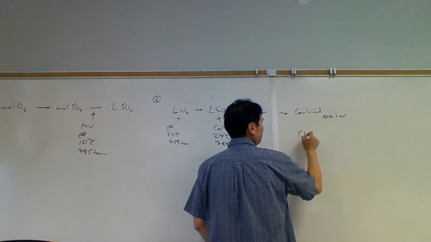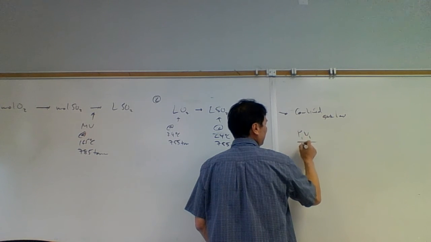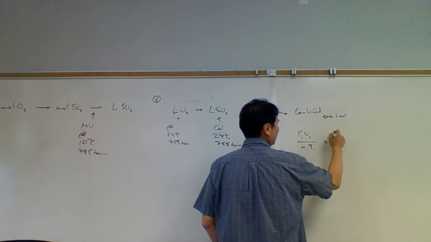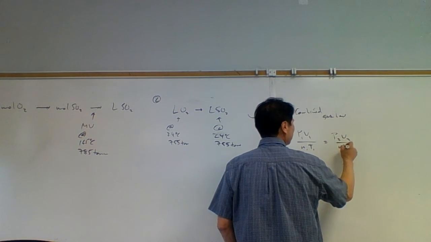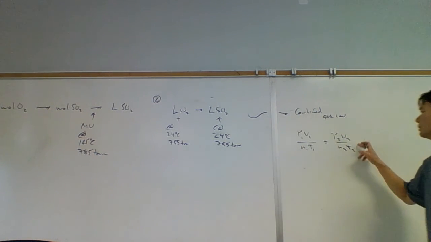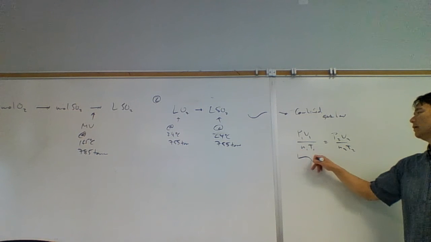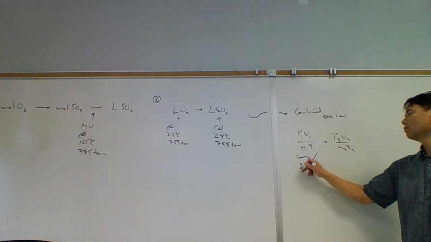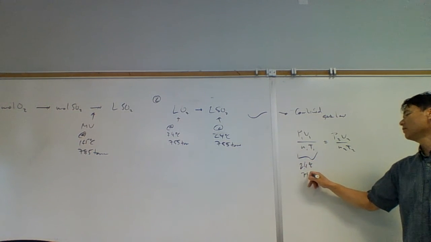That is P1V1/N1T1 is equal to P2V2/N2T2. So what we're going to do is, conditions 1 will be 24 degrees C, 755 torr.